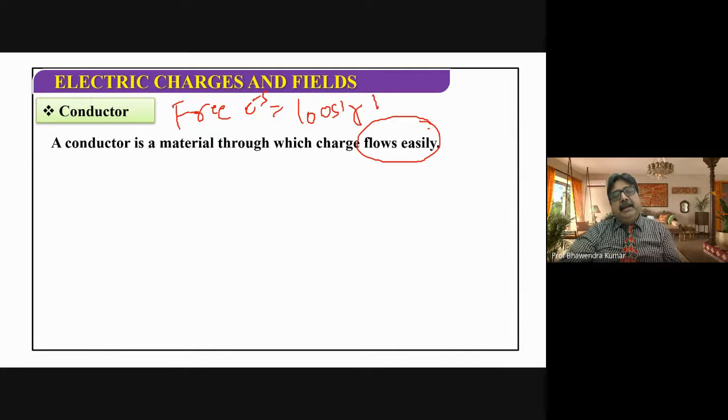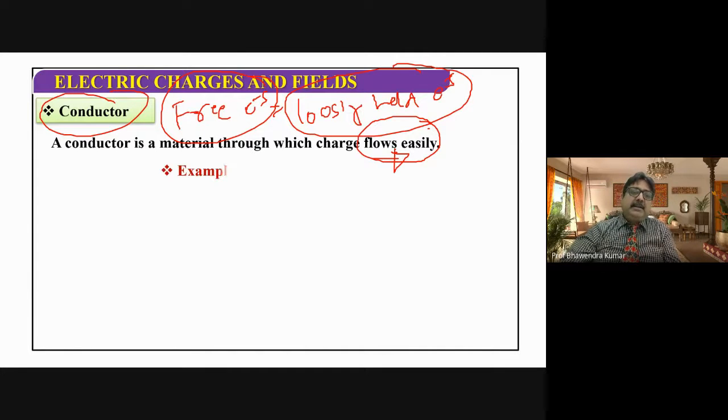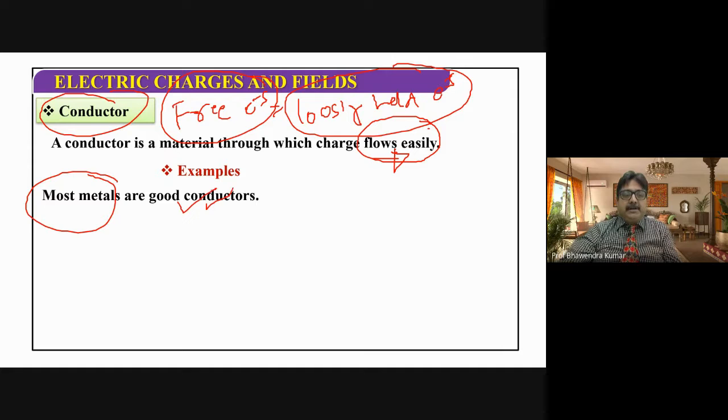Loosely held electrons. So when a potential difference is applied, these free electrons, these loosely held electrons, are able to flow easily, and because of that it is given the name conductor, because it can conduct electricity. The example is most of the metals are good conductors.